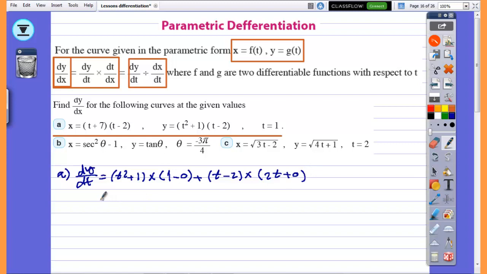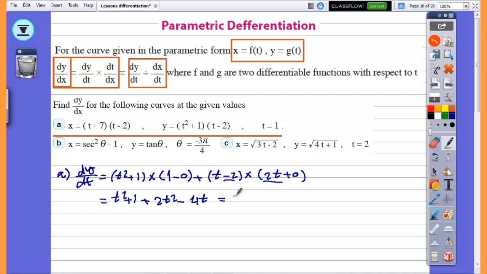So we'll simplify the result. It will be t squared plus 1 plus t multiplied by 2t; negative 2 multiplied by 2t equals negative 4t, and we will arrange it.